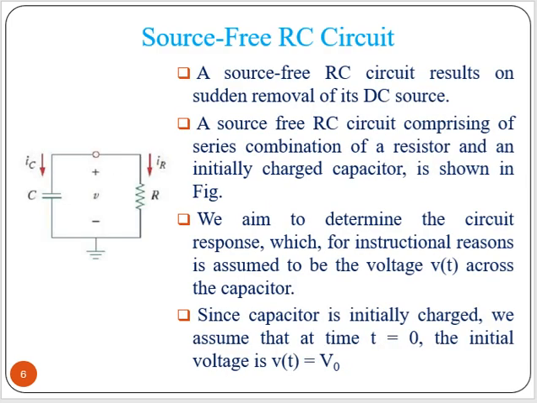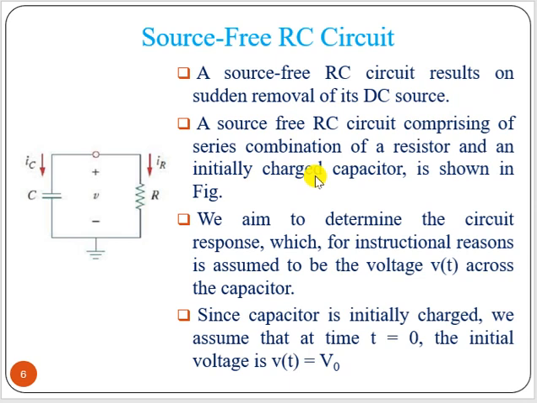Now say a source free RC circuit, that means here we don't have any independent sources connected, we have only an RC series circuit, or we can say RC in parallel also. Now what happens here, current flowing is IC and IR. A source free RC circuit results on sudden removal of its DC source.